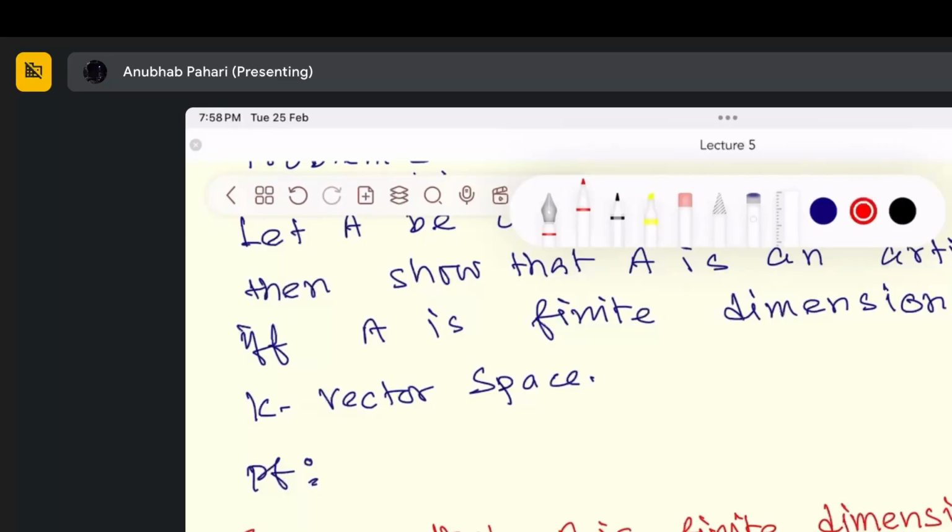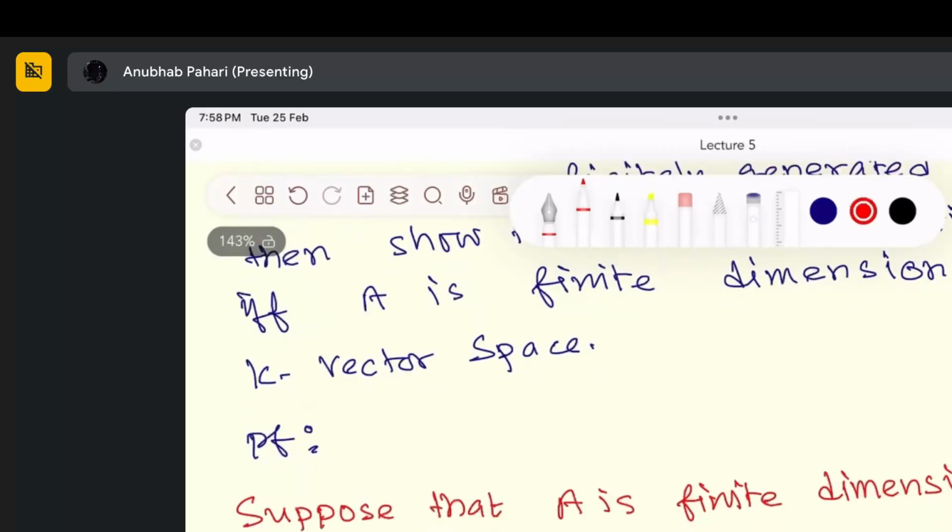Since K belongs to A, each Mi is in particular a K vector space.